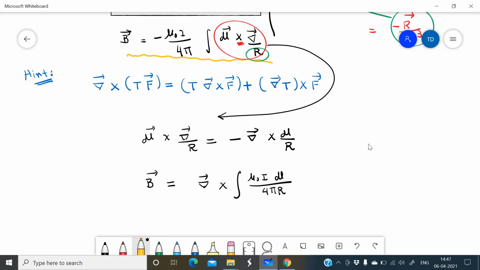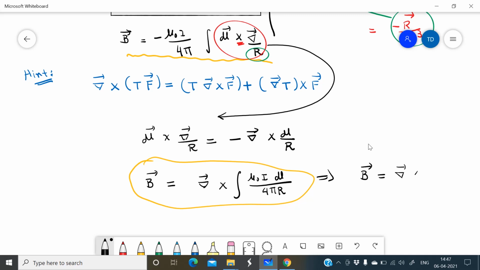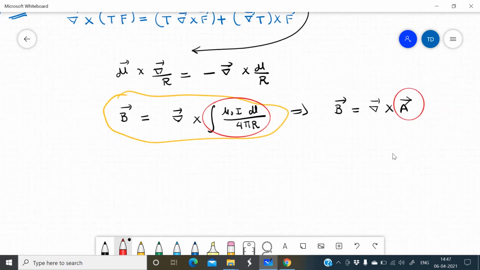Now I will compare this B vector with the equation we write for the vector magnetic potential, that is B equals del cross A. So what is A? This A is nothing but the integration of mu 0 I dl upon 4 pi r.